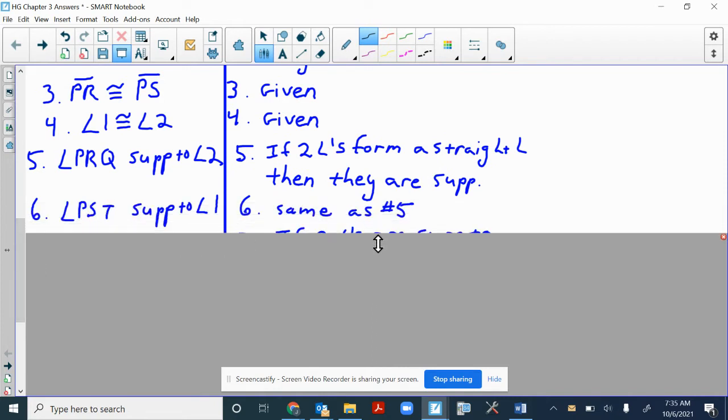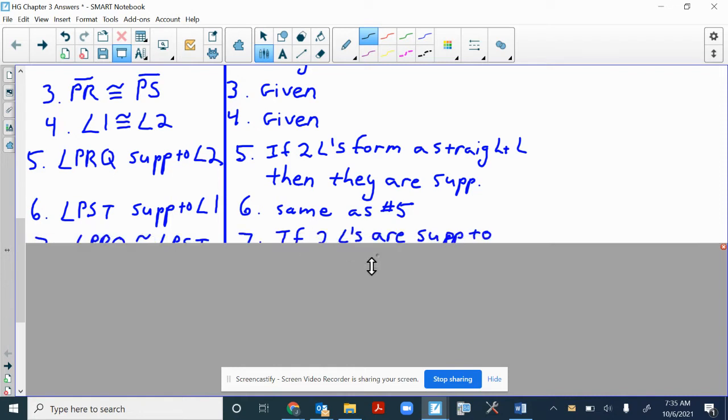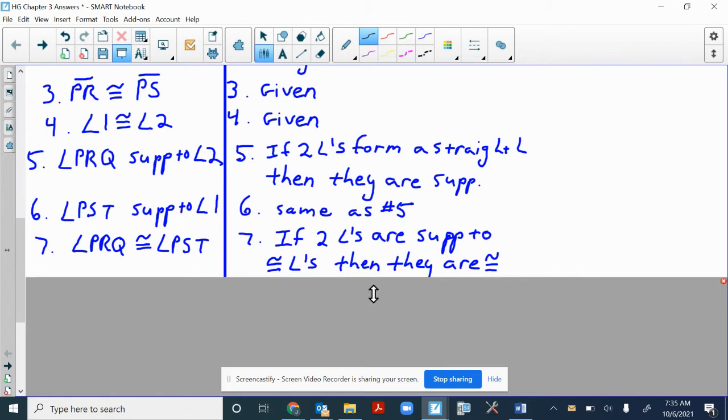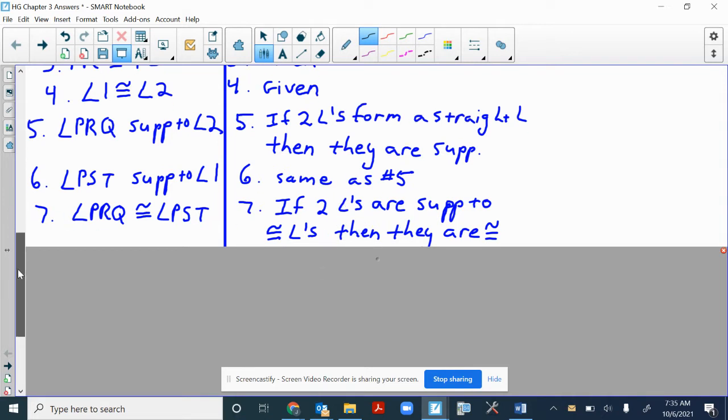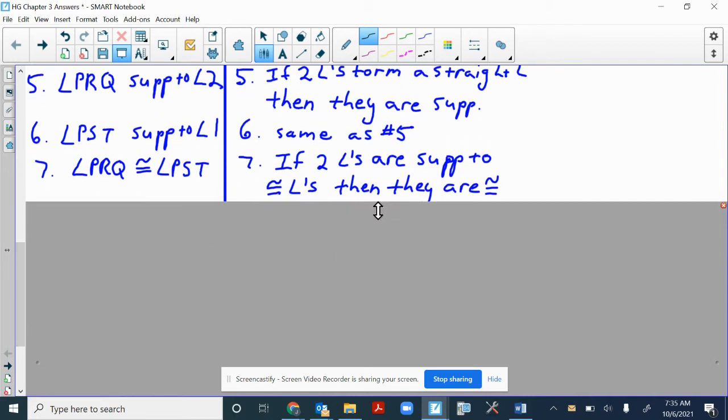And similarly, angle PST is supplementary to angle 1, again because if two angles form a straight angle, they are supplementary. And so we can then say that those two angles, PRQ and PST, are congruent, because if two angles are supplementary to congruent angles, then they are congruent themselves.